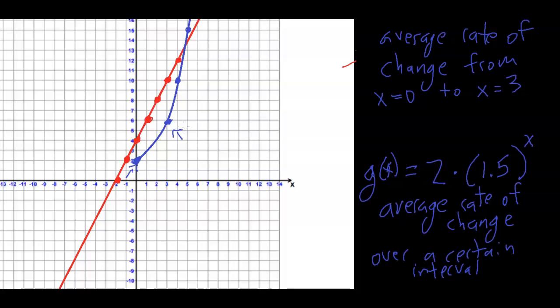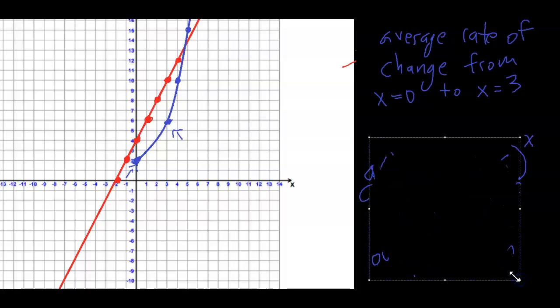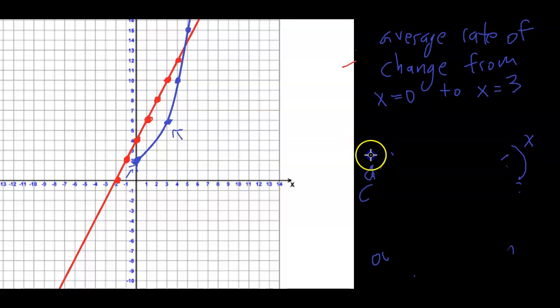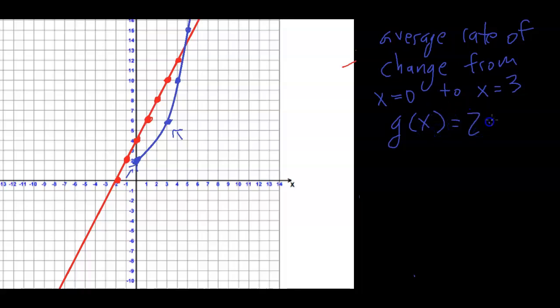All right, so let me make some room right here. G of x was 2 times 1.5 to the x power.